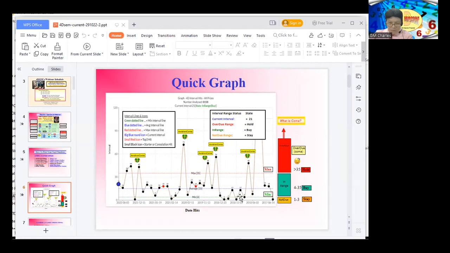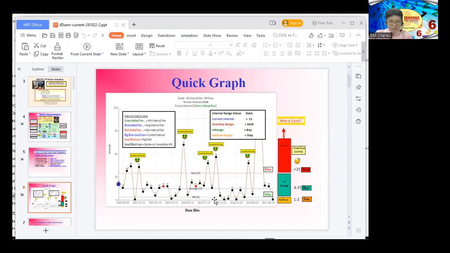Okay, very quickly, you can see that we have divided the number status into, firstly, not due. Not due is when the number is below the minimum interval. In this example, minimum is 4. You can see it's 4.